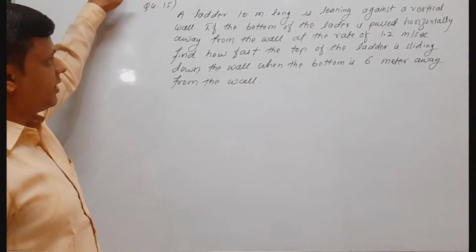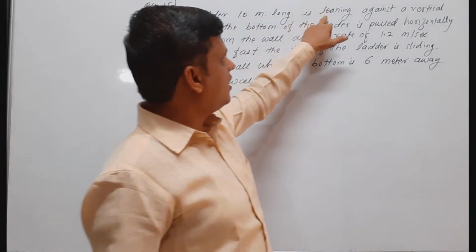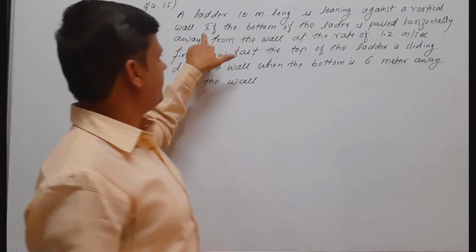Now see question number 15. A ladder 10 meter long is leaning against a vertical wall.